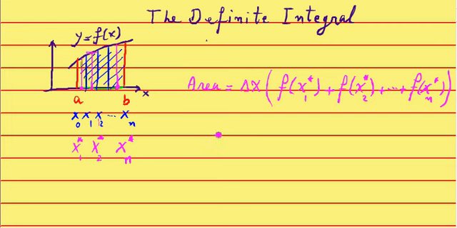Then we had a shorthand notation for this kind of summation. We write it as the sum of f of xi star, i ranging from 1 to n. So this summation indicates we are performing what we see in this parentheses.